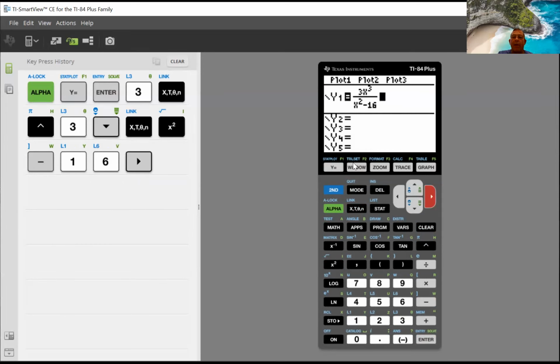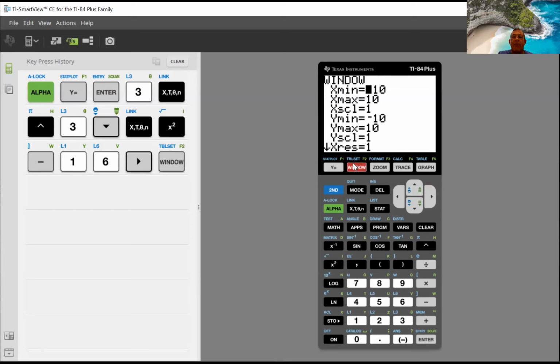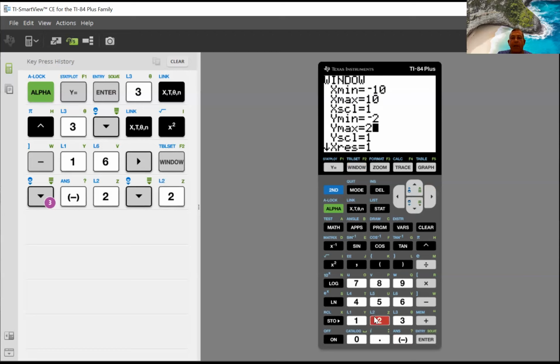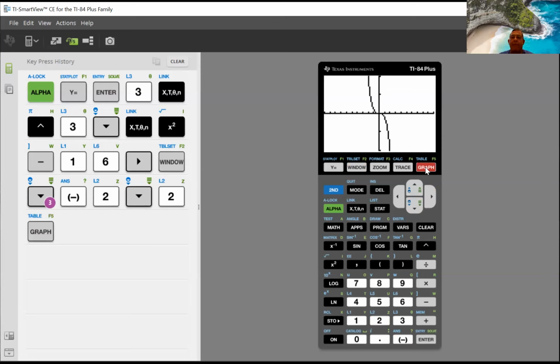Remember my window, I said the x's went from -10 to 10, but down here the y's went from -2 on the graph to +2. So set your windows to match their graphs so that you can get these pictures when we graph it. All right, so now I'm going to hit graph. Oh, y'all, let me go back.